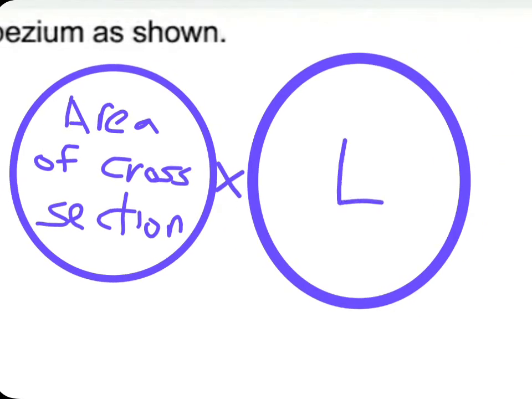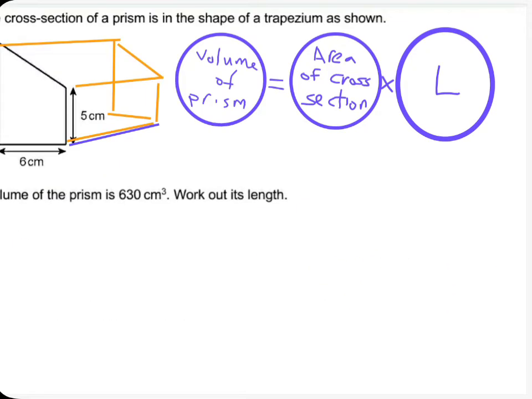Multiplied by the length. Now, the volume here, we already know it, which is 630.